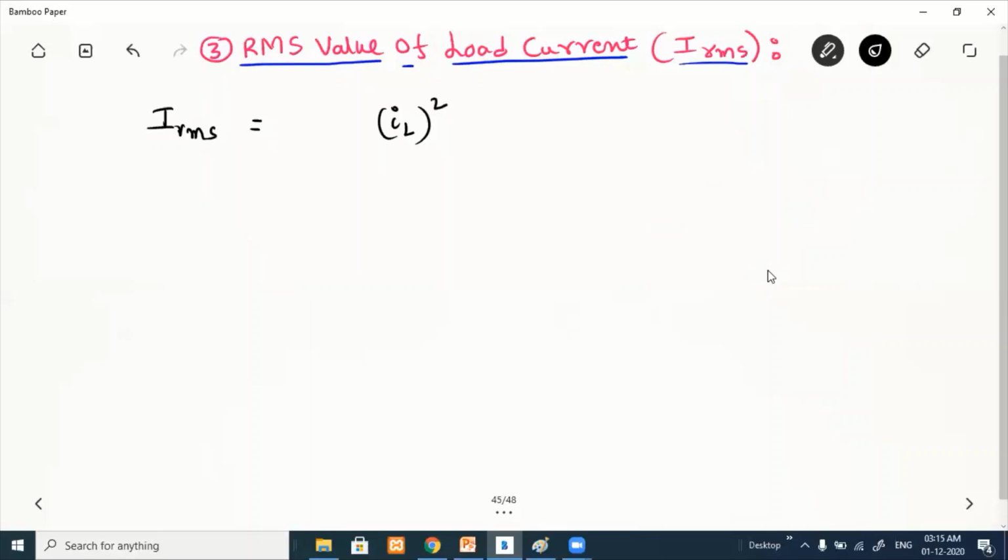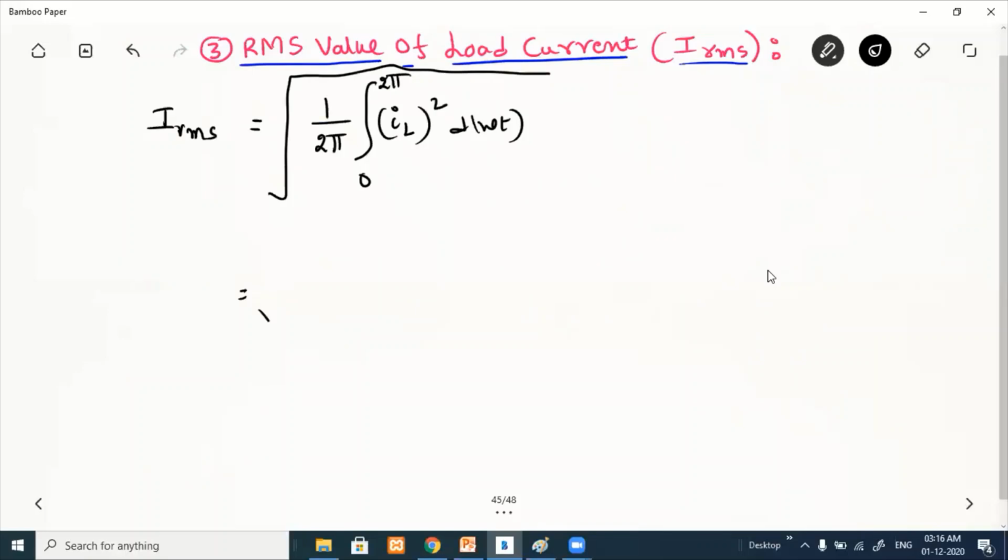Average can be calculated by integrating over one complete cycle, so 0 to 2 pi d omega t and the whole divided by 2 pi, that is the average, and then apply the square root so as to calculate the RMS value. So that is the equation to calculate IRMS.